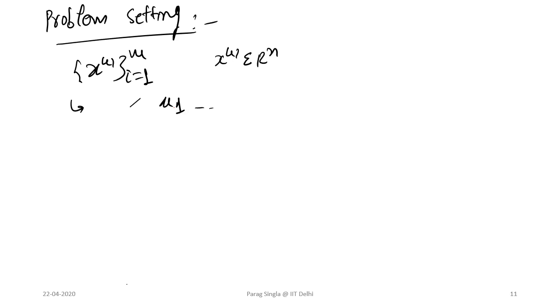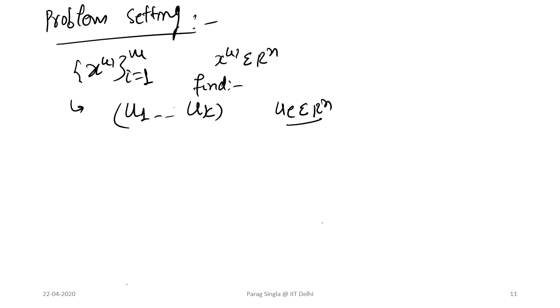Let me make the notation clear: this is u1 up to uk. Our goal is to find this u1 to uk, which represents the projected subspace, where each ul can be represented in the original n-dimensional space.